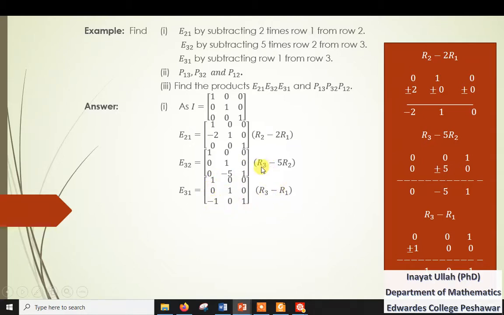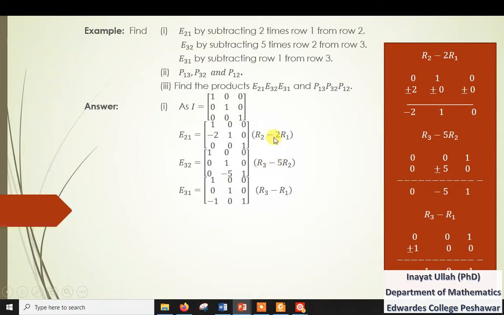And minus 5 will appear in row 3 where there is 1 in row 2. So you see in row 2 1 is there, so below this 1, minus 5 will appear in row 3.